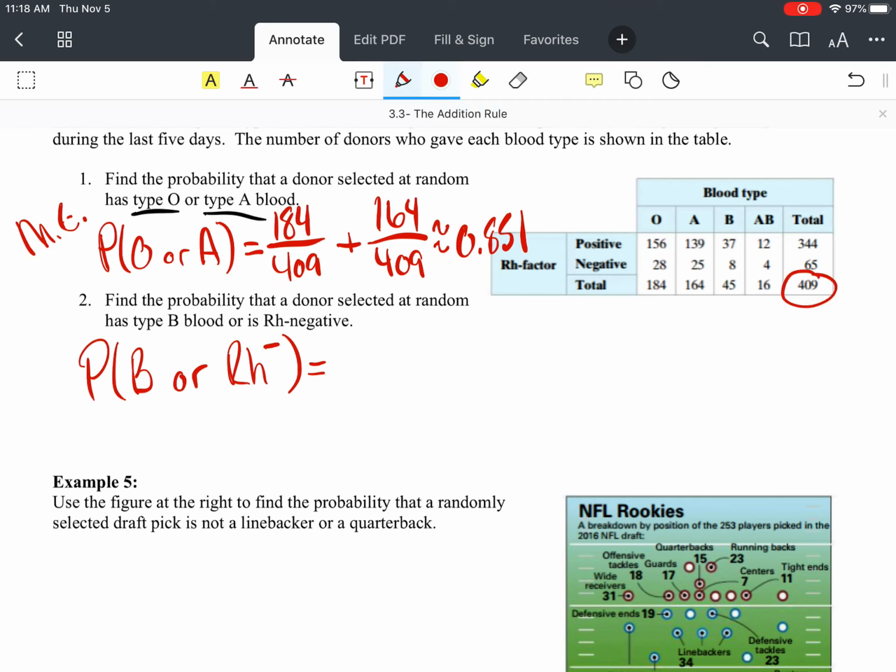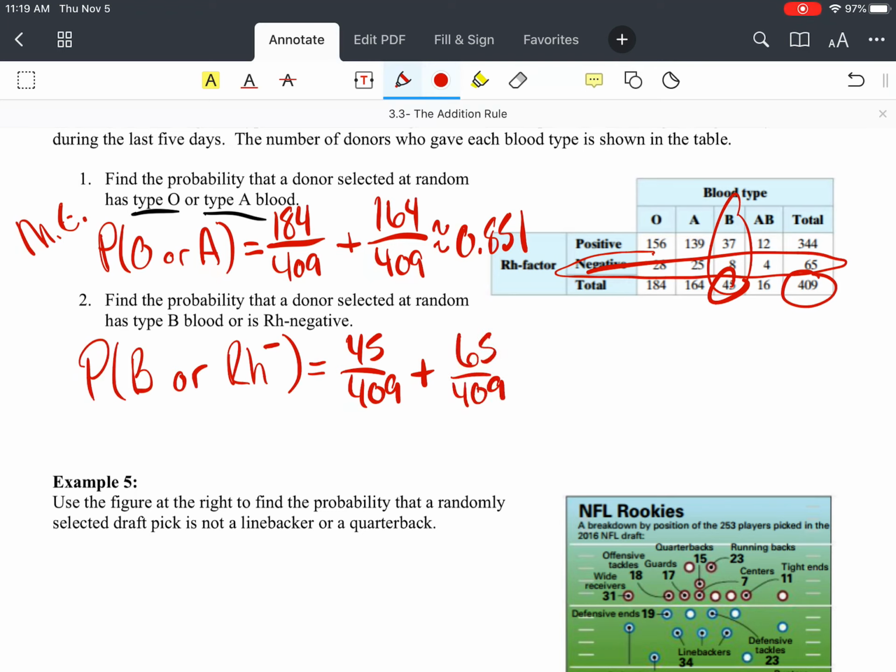So the probability of B, we have that this is out of 409 patients, right? So we have a total of 45 out of 409 who have B type blood. Then we're going to add the total number of people who are Rh negative.